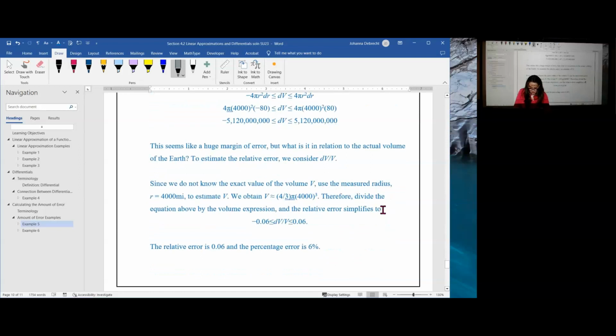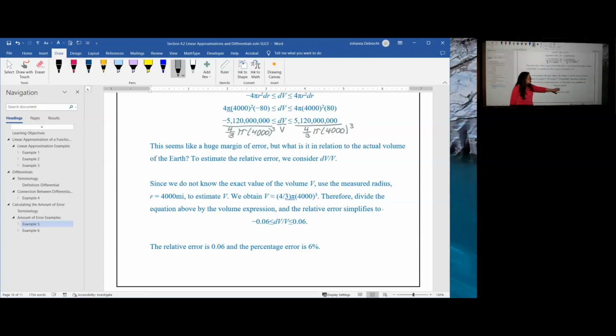This gives us 4/3 pi times 4,000 cubed. If I take this relationship up here and I divide by the volume in each case, what do I end up with? It turns out that if I divide all three parts of the inequality by the estimated true volume, is that even a word, estimated true value?